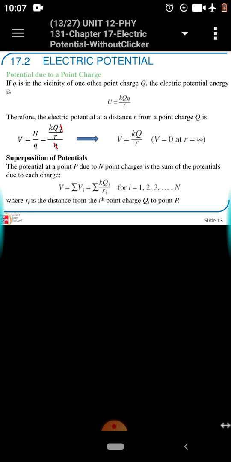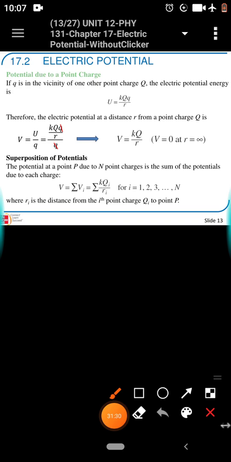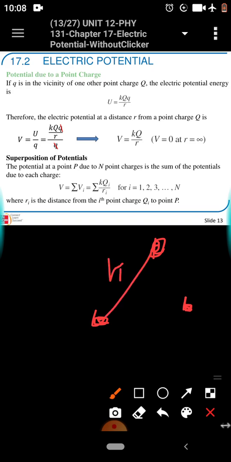As we have seen, when you have many charges, you can add their potentials, or their contributions. So we calculated the distances between the pairs.